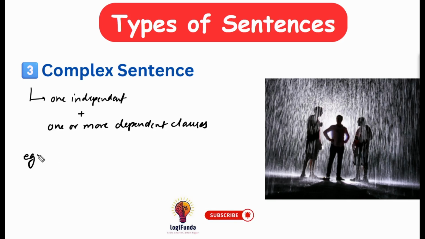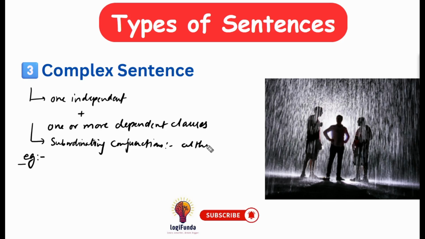Okay. And another thing, before we take an example, are the subordinating conjunctions, like I mentioned earlier. For example, although, because, since, etc.